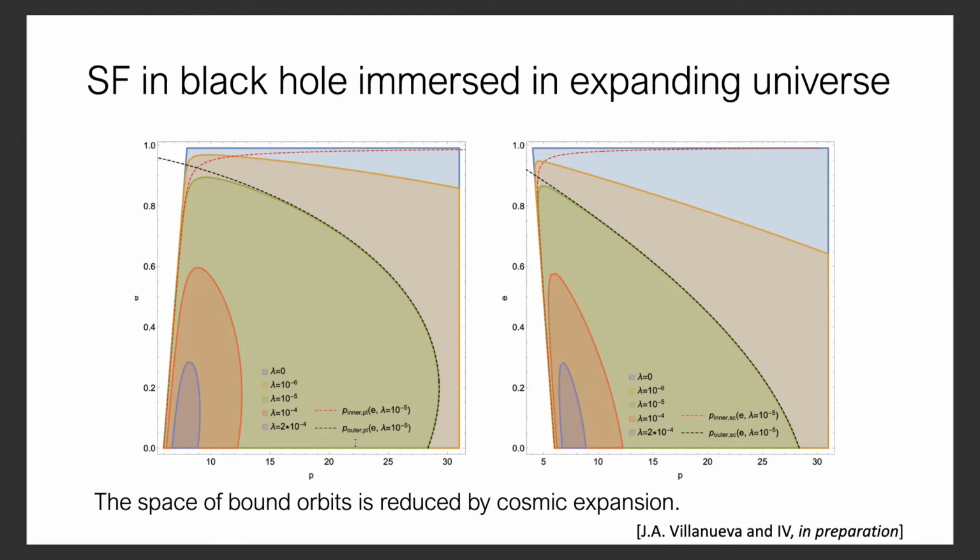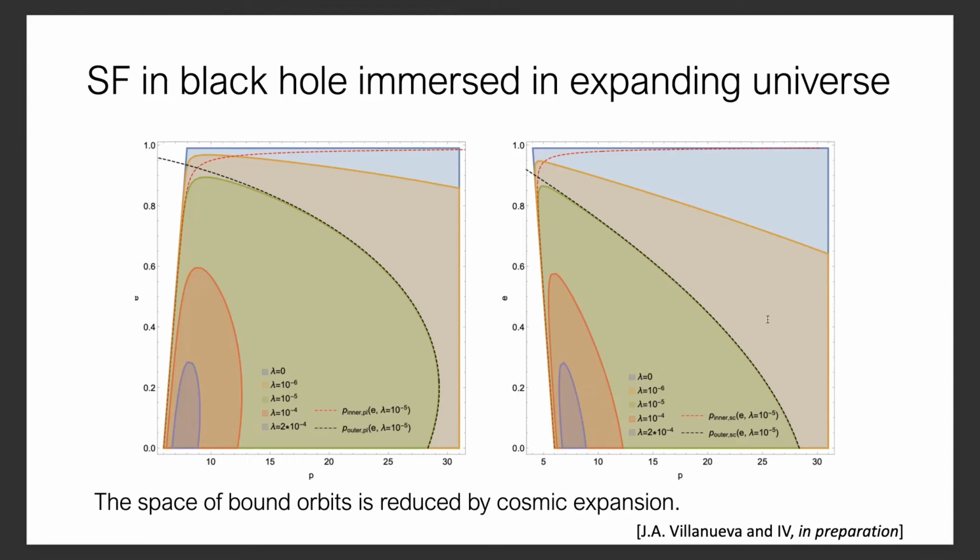What we see is that when you include this correction, you get an additional boundary, represented by this dashed curve here, that restricts the possible bound orbits. So instead of getting all the points to the right, you only have these possible eccentricities and semilatus rectums representing bound orbits for such a system.